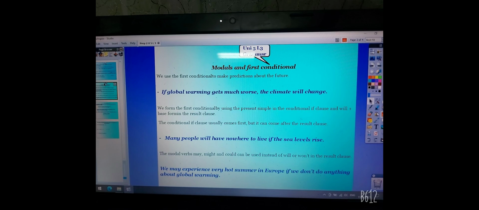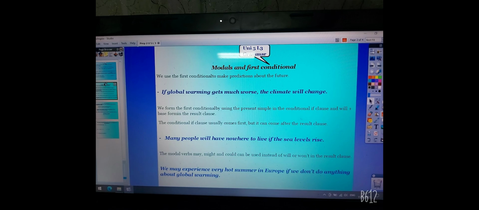We form the first conditional using the present simple in the conditional if clause and will plus base form in the result clause. The conditional clause usually comes first, but it can also come after the result. As we said, many people will have nowhere to live if the sea level rises.